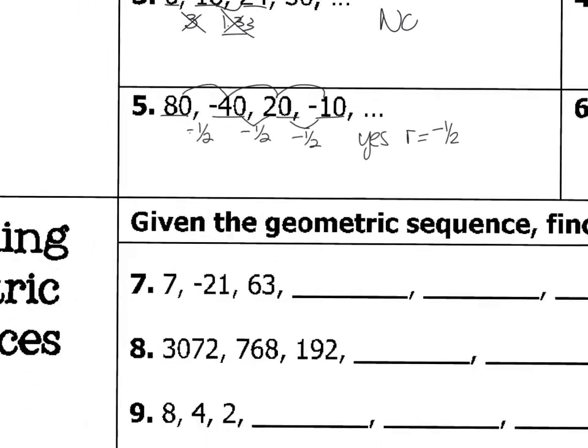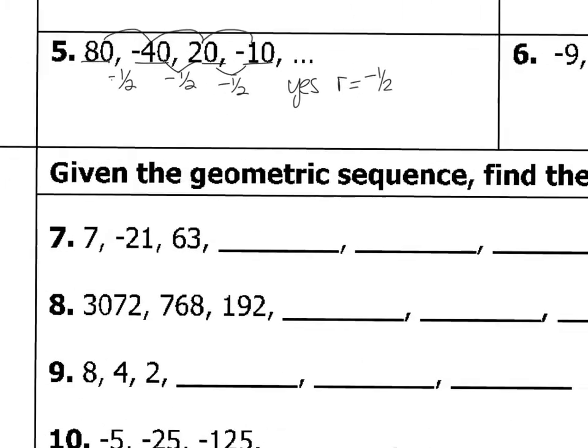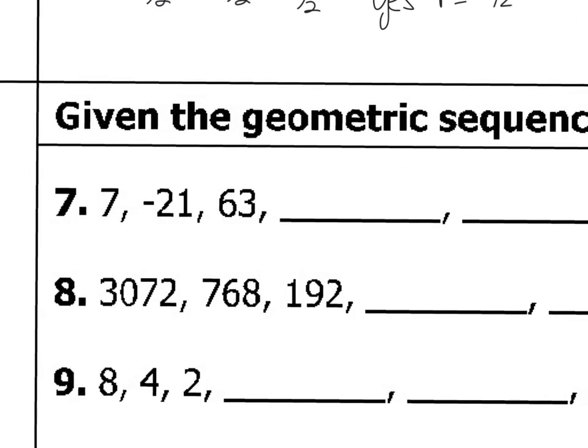All right, given the geometric sequence, find the next 3 terms. What we have to do first is find the common ratio. Negative 21 divided by 7 is negative 3. 63 divided by negative 21 is negative 3. So they're multiplying by negative 3 each time. 63 multiplied by negative 3 is negative 189.